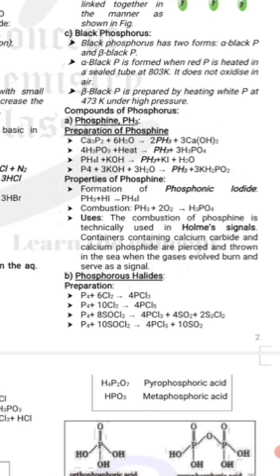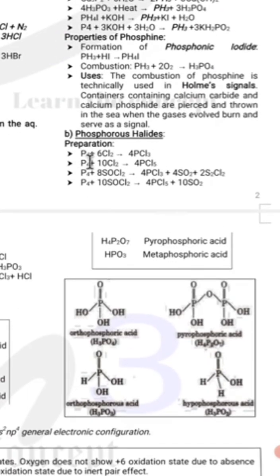Okay, next important point about compounds of group 15 elements is phosphorus halides. In phosphorus halides, for example, I can just write PCl3 and PCl5, right?